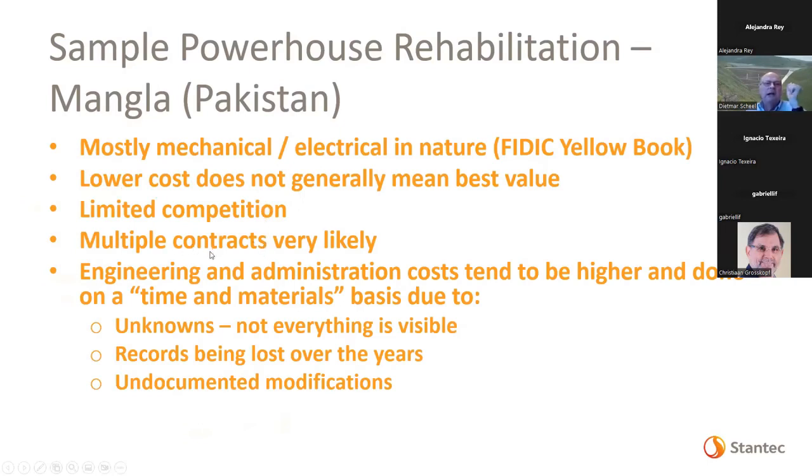Multiple contracts, I'd like to talk about that only briefly. There's an advantage. You've got to think, how are you going to approach any kind of Salto Grande rehab? To what extent might you self-perform certain things? The problem with multiple contracts is you have contractors running into each other, which you can overcome if you plan it well and manage it well.